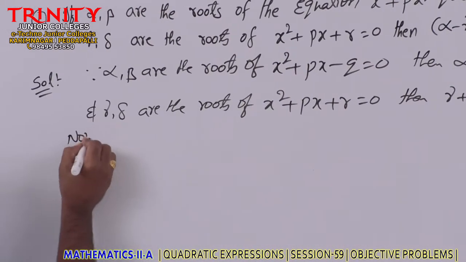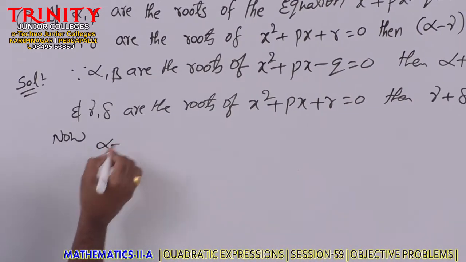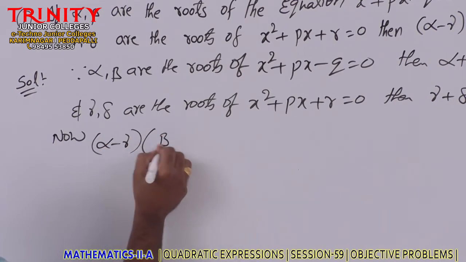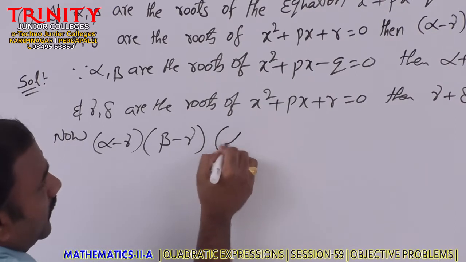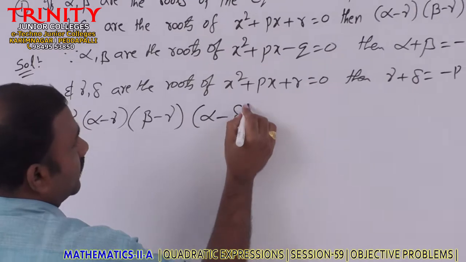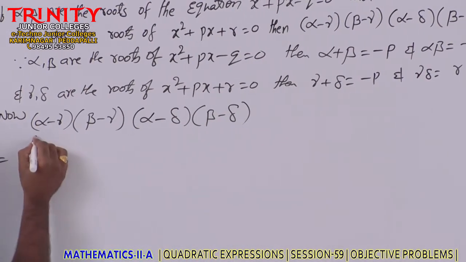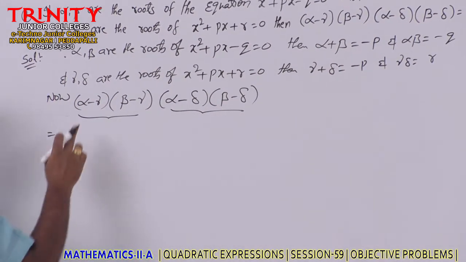Now calculate the value of the product of these four: alpha minus gamma into beta minus gamma into alpha minus delta into beta minus delta. Take these two as one combination, these two as another combination.